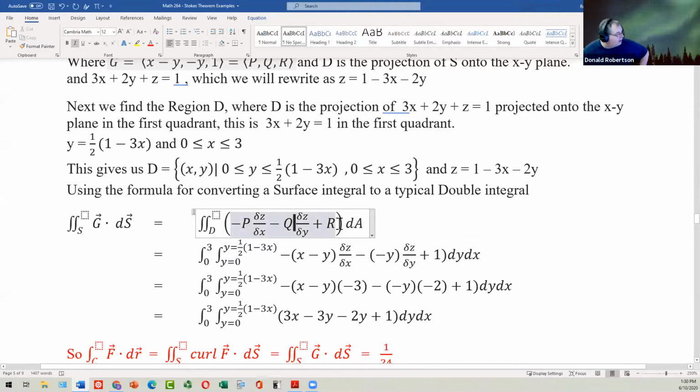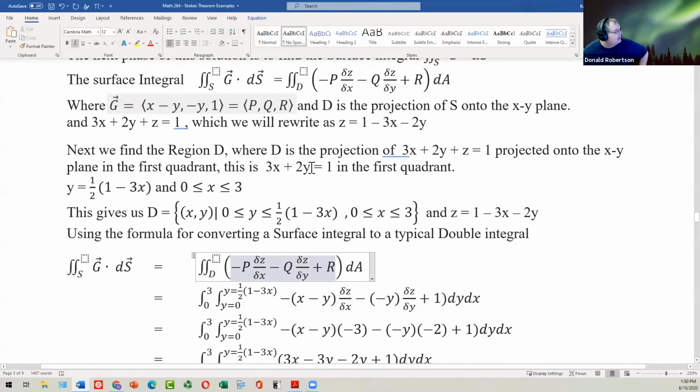P, Q, and R. Well, P is this guy, Q is this guy, and R is this guy. So if you're wondering where they came from, they're this one and this one. They've got dz by dx, dz by dy. You get them from the equation of the plane.